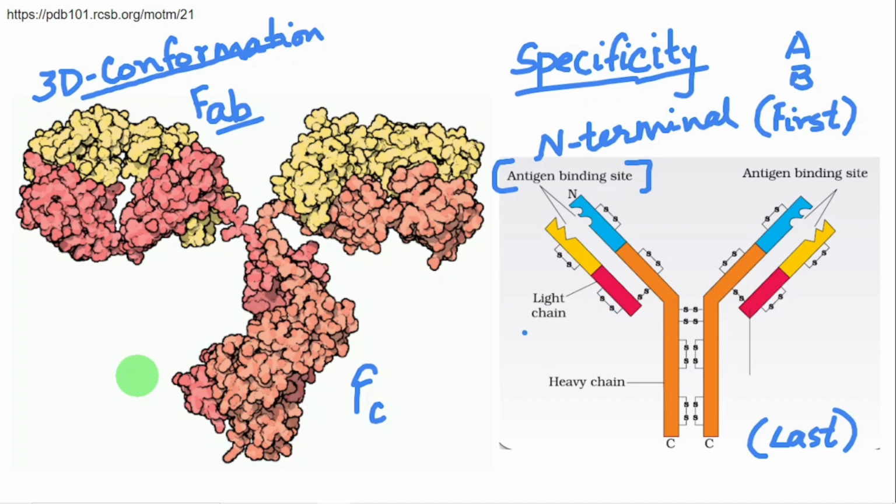So light chain will be kappa or lambda. These two different sequences will be seen in the red region, and in the orange region you will see alpha or mu, which will give rise to IgM, then gamma will give rise to IgG, and epsilon will give rise to IgE. So I will not go into the details of this, it is not in your syllabus.